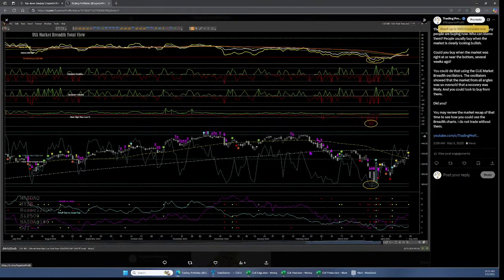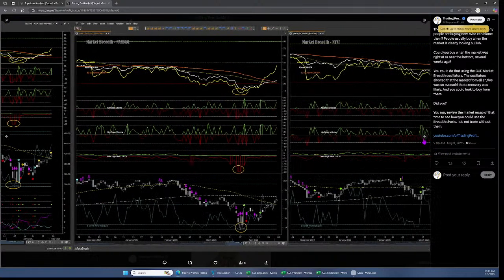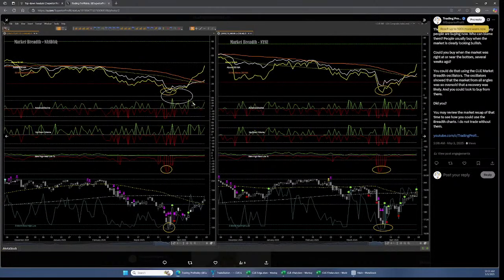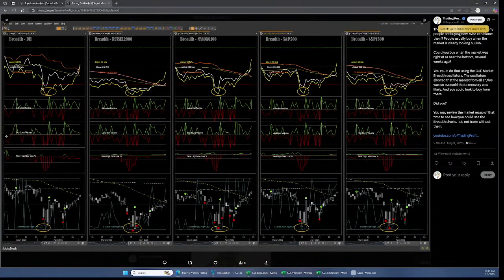If you go there, I want to point out once again on total view the extreme oversold level that happened 1 month ago, but not only in the total view, in the composites, both Nasdaq on the left, NYSE on the right, the extreme oversold condition happened at the same time, and on the major indexes also, from Dow Jones Index to Russell 2000 to Nasdaq 100 to S&P 500 to S&P 1500.